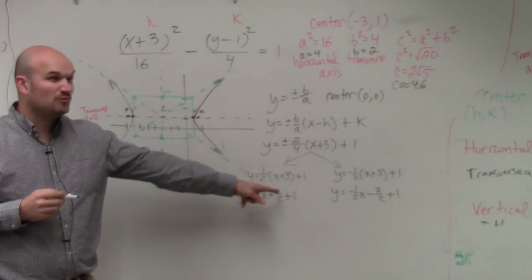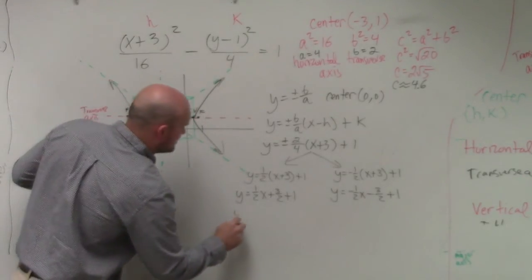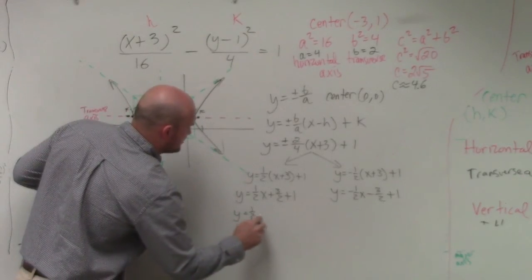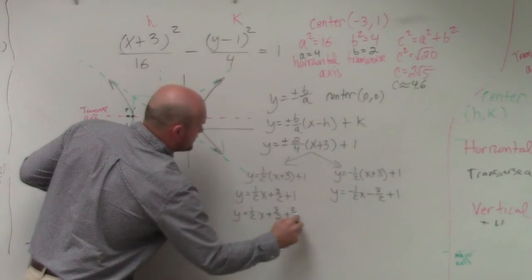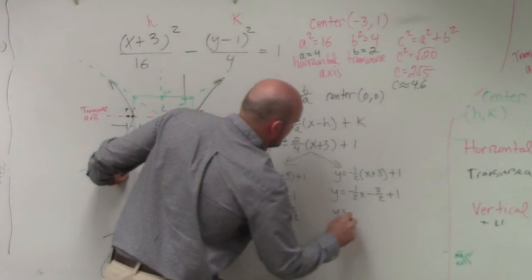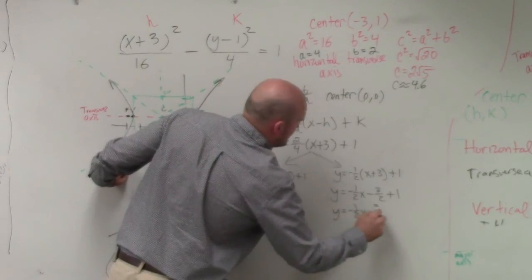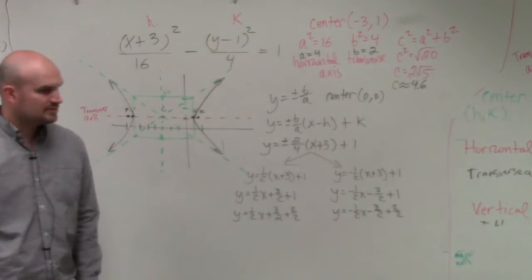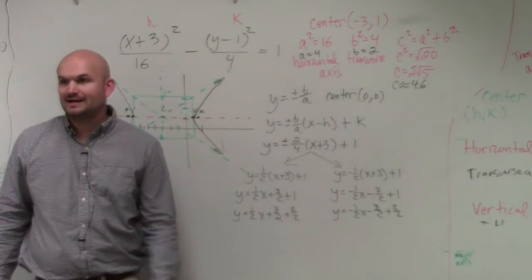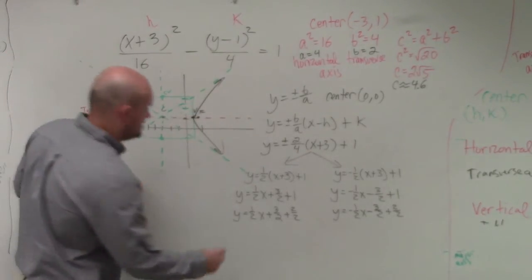Right? And then to add 1 to those fractions, you'd have to rewrite it as, what would be a good fraction to rewrite 1 as? How about 2 over 2? Does everybody understand how I rewrote 1 as 2 over 2 and why I did that? So now I can add the fractions and make it easy.